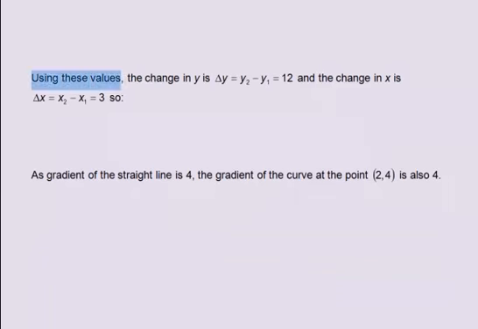Using these values, the change in y is delta y equals y2 minus y1, which equals 12, and the change in x is delta x equals x2 minus x1, which equals 3.